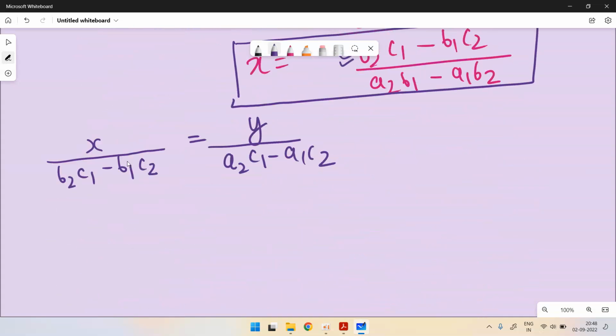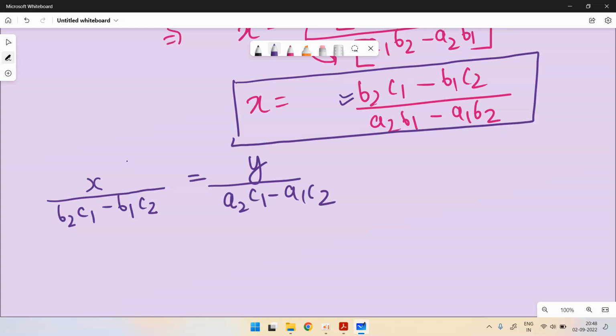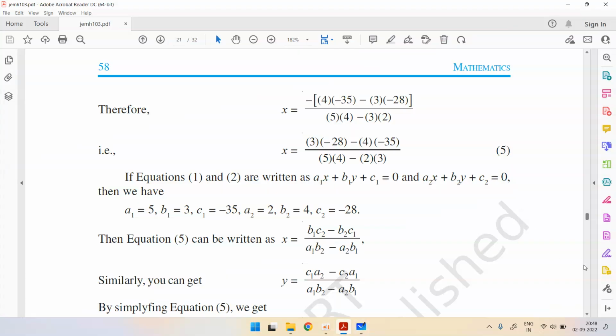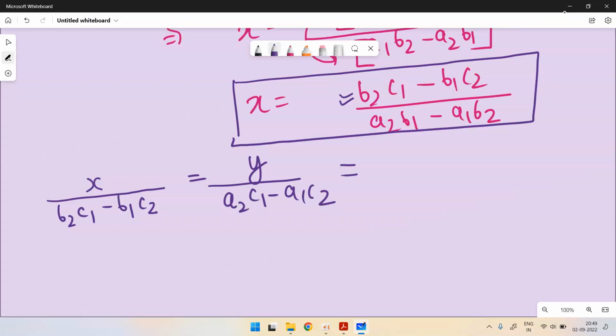Yes, because I said there was a minus sign. Yes, there's a minus sign. So, equals one by a2 b1 minus a1 b2.